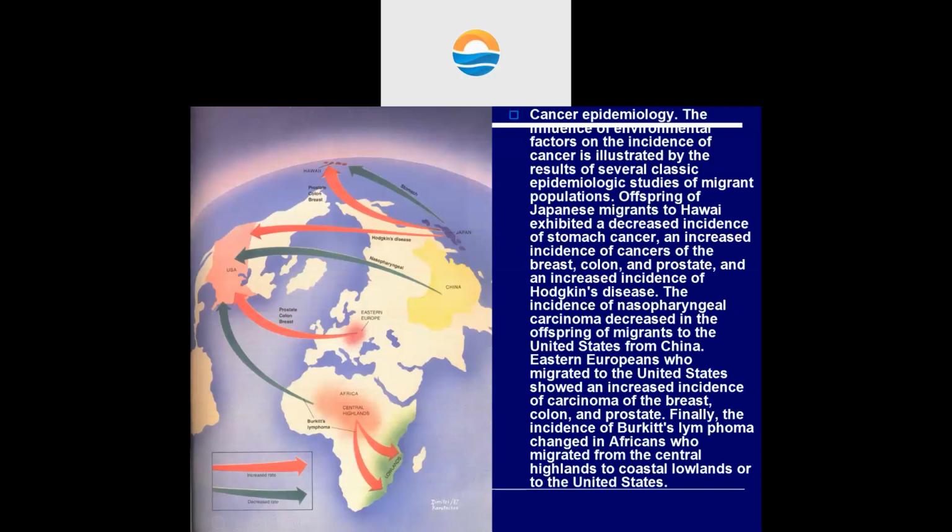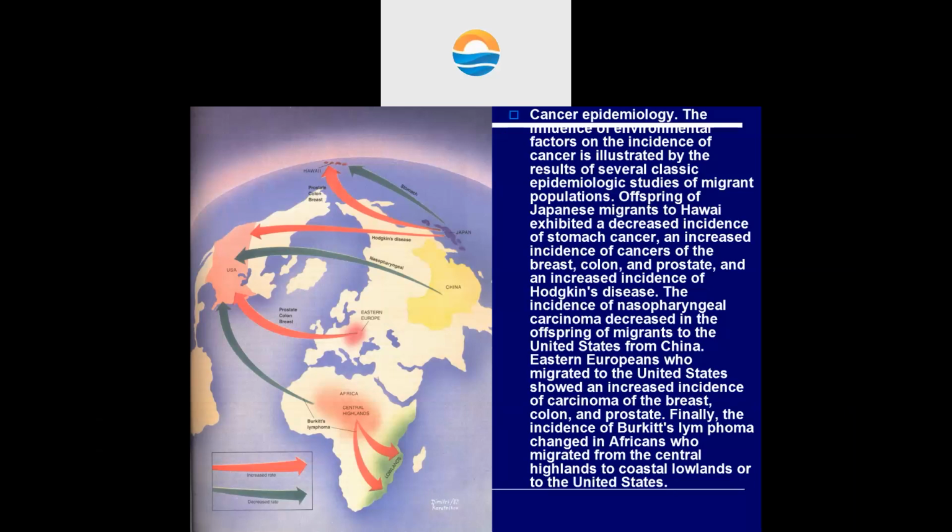The influence of environment is very important. For example, offspring of Japanese migrants to Hawaii exhibited a decreased incidence of stomach cancer and also an increased incidence of cancer of breast, colon, and prostate. Also, they have increased incidence of Hodgkin's disease.